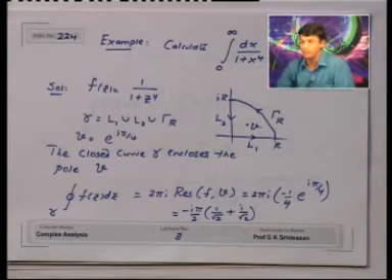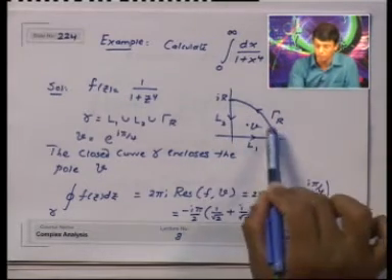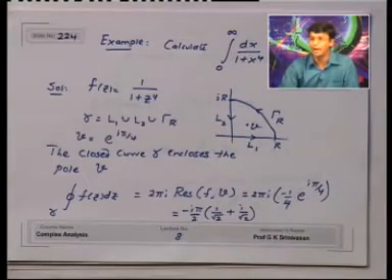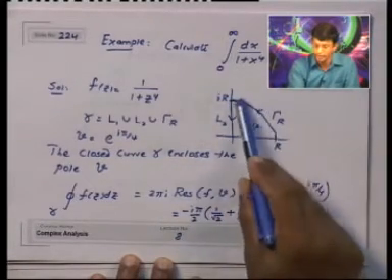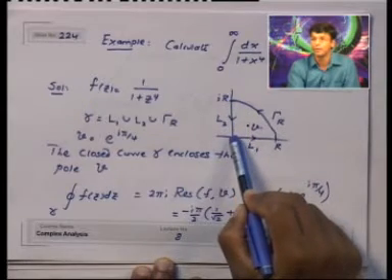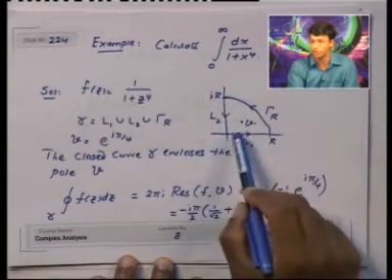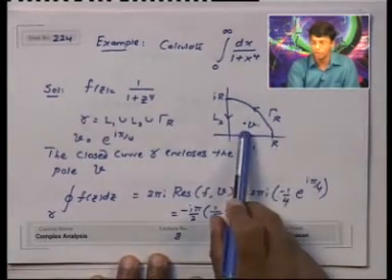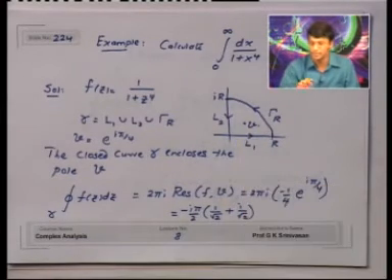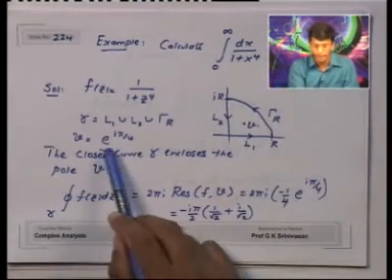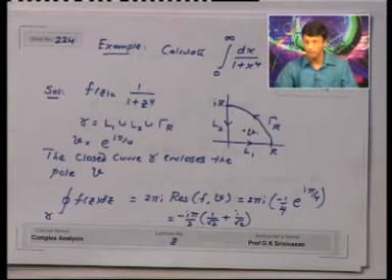One is e to the power I pi by 4. I am going to take my gamma to be the curve L1 union gamma r union L2. The picture shows you the gamma, and it also shows the pole theta, which is lying inside. What is this theta? It is e to the power I pi by 4.